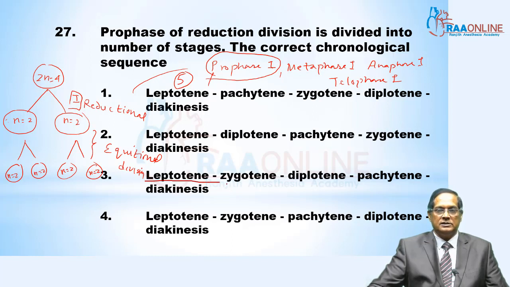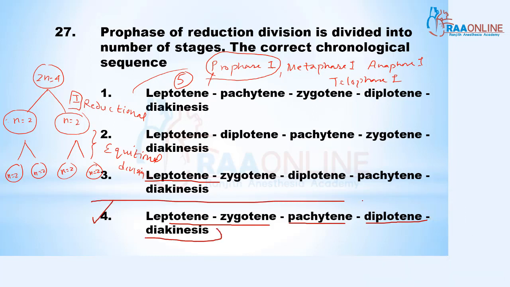It starts with leptotene, second is zygotene, third is pachytene, fourth is diplotene, and the last is diakinesis. This is the correct sequence.